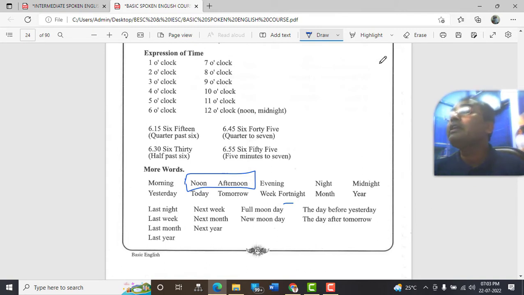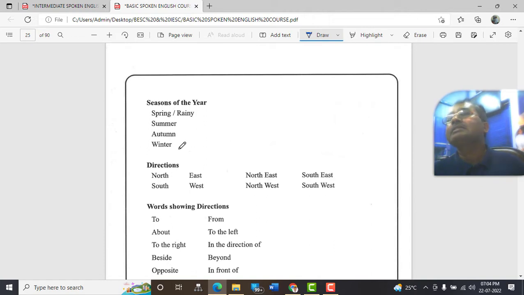All these are very important when you are communicating, because one says, I think in a fortnight I can complete it. Fortnight is 15 days, 1 week, 15 days, 1 week. No confusion, you should have clarity. We'll be speaking on that. And seasons, you should know what seasons we have. Summer, winter, spring, autumn. Autumn we don't have.